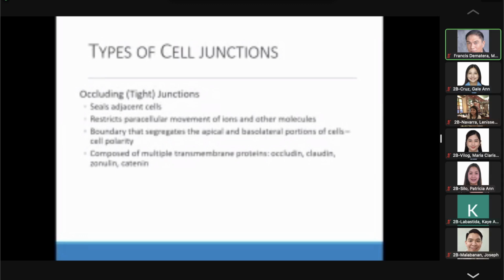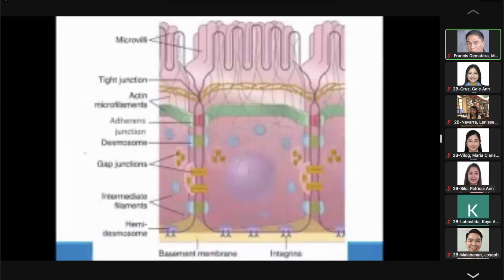These are the boundary that separates the apical and the basolateral portions of cells and maintains cell polarity. And these are composed of multiple transmembrane proteins such as occludin, claudin, zonulin, and catenin. So here's a schematic diagram for cell connections.